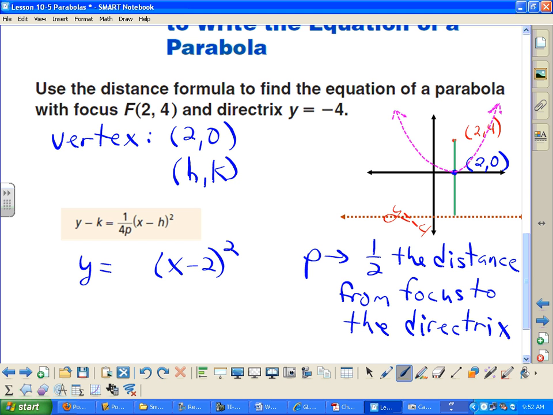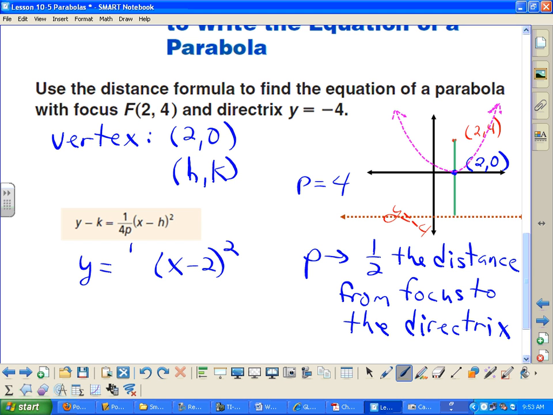How far is it from the focus to the directrix? 8. If the graph opens up or to the right, p is positive. If it opens down or to the left, p is negative. So in this case, the value of p is positive 4. Half the distance from the focus to the directrix, or you could think of it as the distance from the vertex to the focus, or the vertex to the directrix.